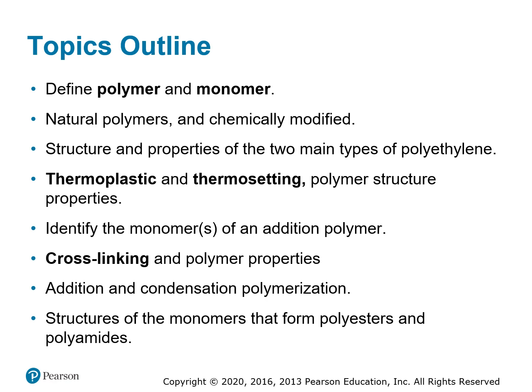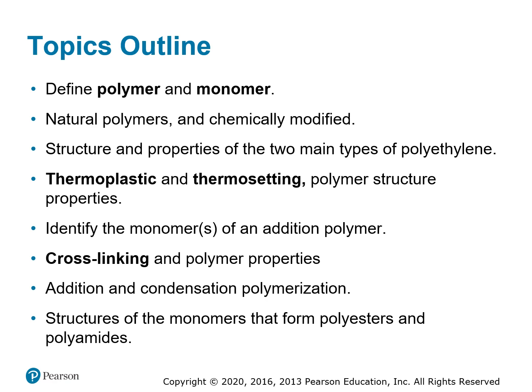We're going to learn in this chapter about polymers, what is a polymer and a monomer. Natural polymers and what are chemically modified. We're going to see the structures of the main types of polyethylene, learn about the concept of a polymer being thermoplastic or thermosetting and how that depends on the polymer structure.